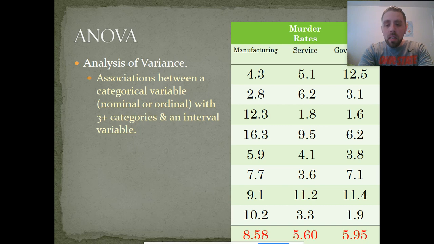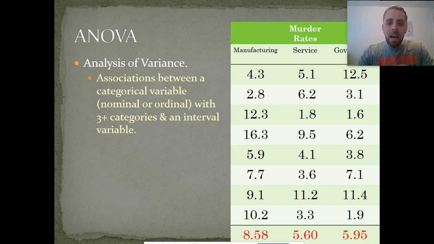So the logic here is kind of similar to what we're operating with on a t-test, where you were doing a comparison of means. But for a t-test, we could only use a variable that had 2 means, 2 groups. That's it. So we looked at males and females in our homework. We could have looked at, say, underclassmen and upperclassmen, for example.